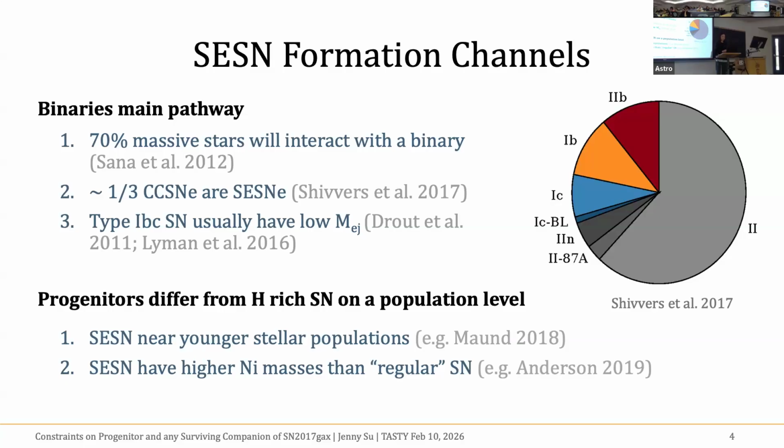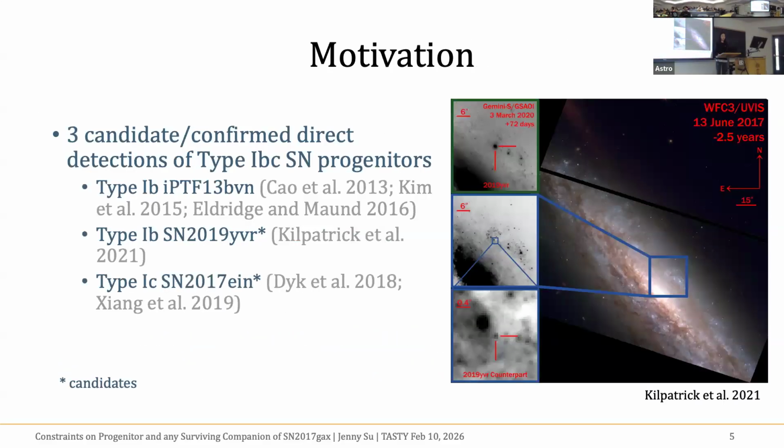One way to answer this question is by looking at direct detections of the progenitor stars. In some cases, there is serendipitous imaging of the supernova site before the supernova explodes. It's pretty rare, and for the stripped envelope case, we only have 3 such candidates, and only one of them is a confirmed detection.